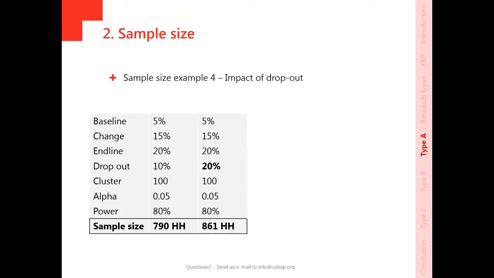The larger dropout rate you take into account, the safer you are. But it's usually a good idea to have a look at the literature, to have a look at maybe other projects you have conducted to come up with a realistic dropout rate for your sample size calculation.